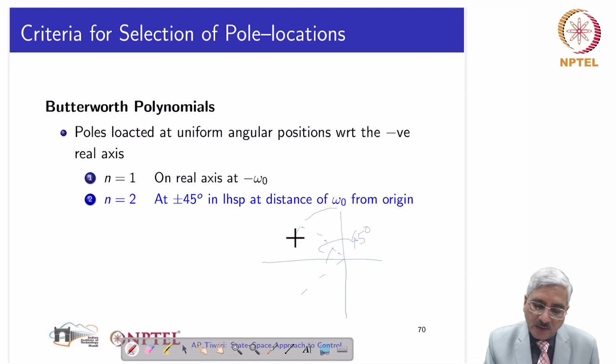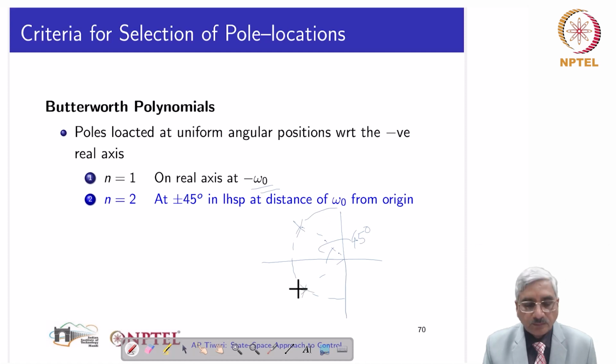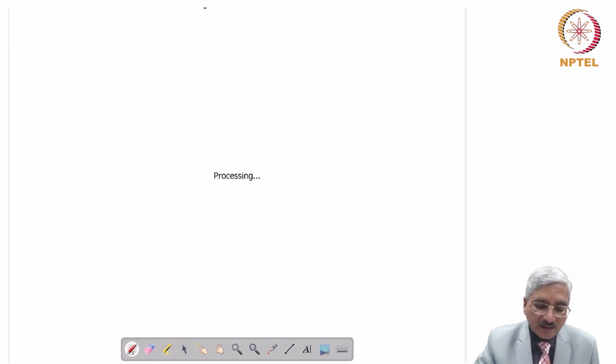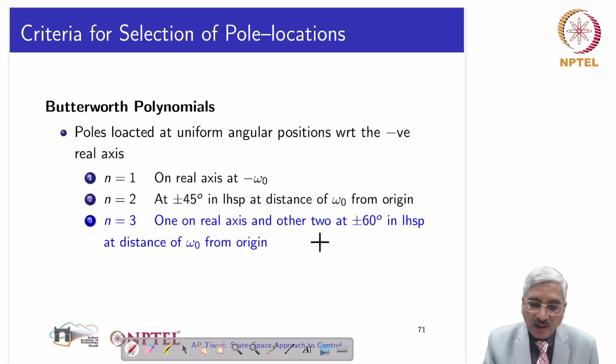And they will fall on the semicircle with radius omega 0. So one will be here, other will be here. When we have to select 3 poles, then again they will be on the semicircle, but one will be here, one will be here, one will be here, making 60 degrees.